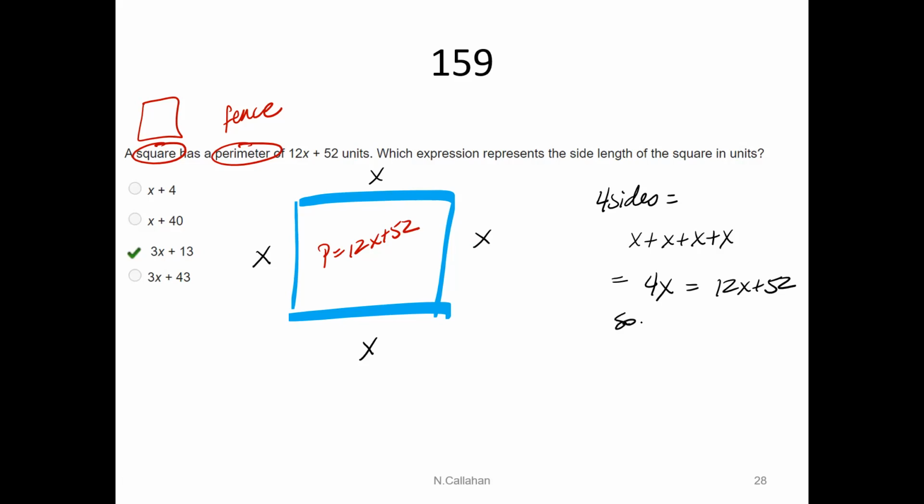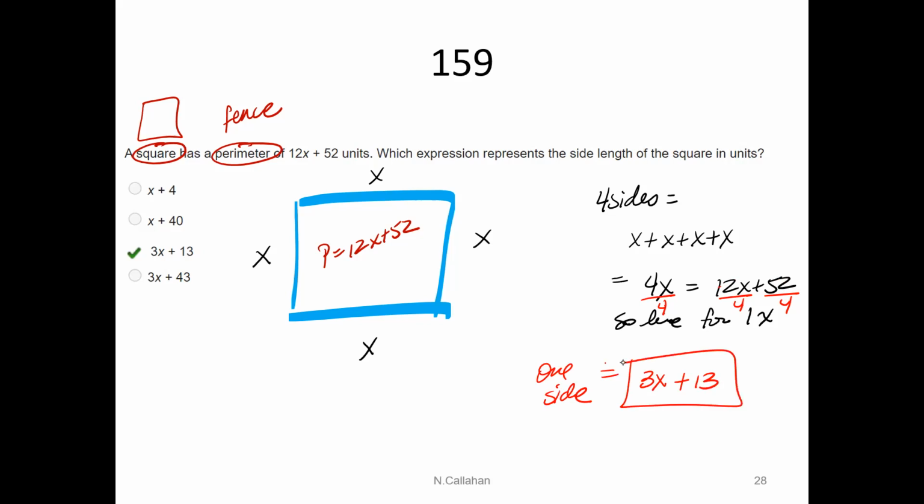So my goal here is to solve for 1x. So what do I do here? Well, I could just divide by 4, right? Divided by 4, divided by 4, divided by 4. And that's not bad. What's 12x divided by 4? 3x. What's 52 divided by 4? 13. And that's one side.